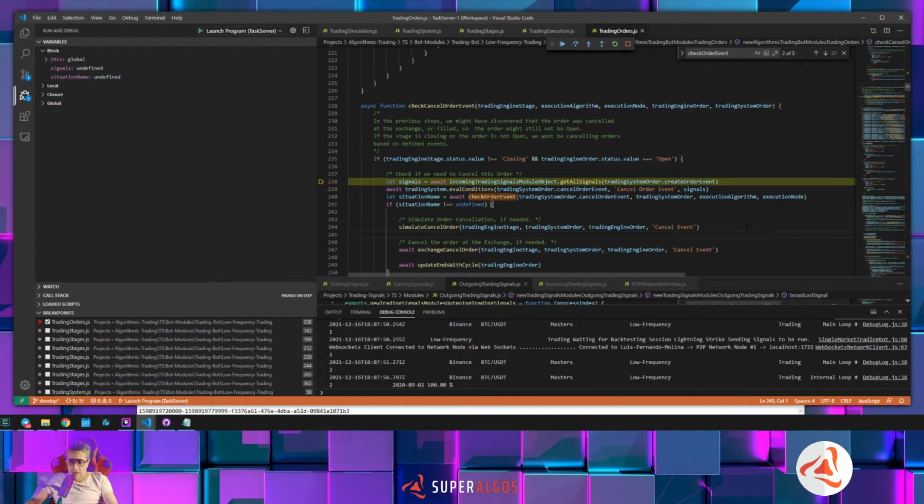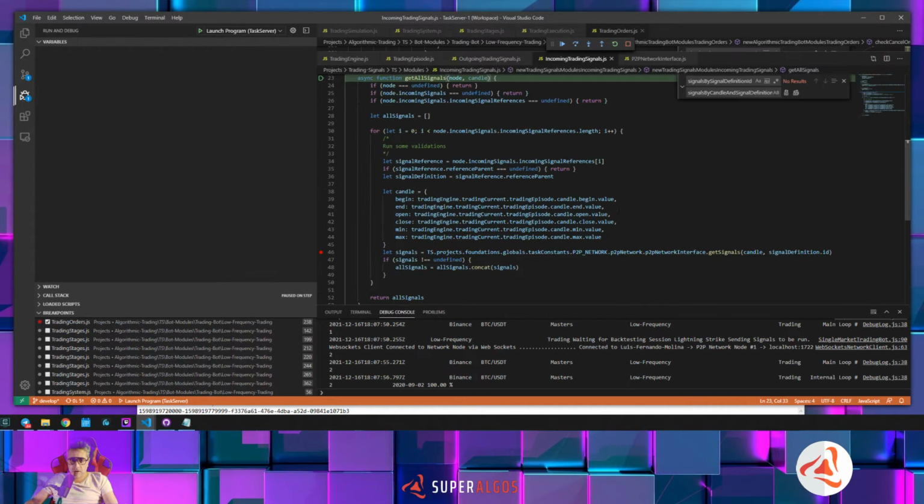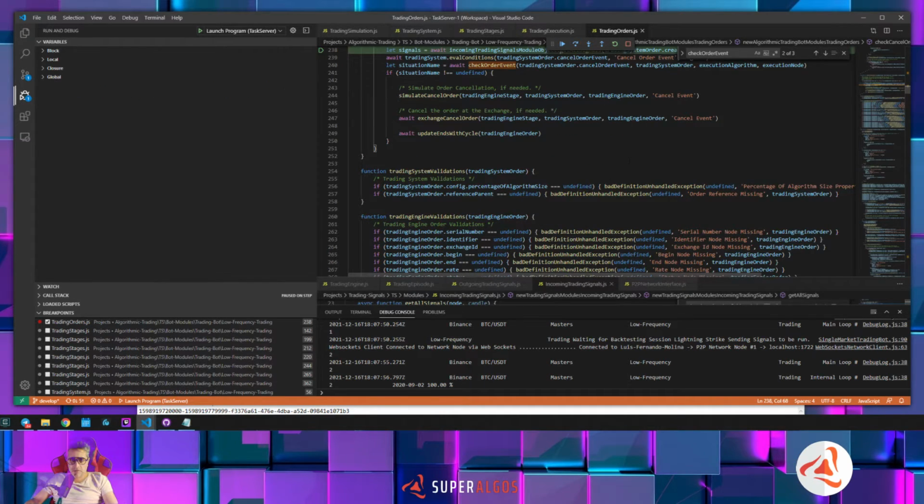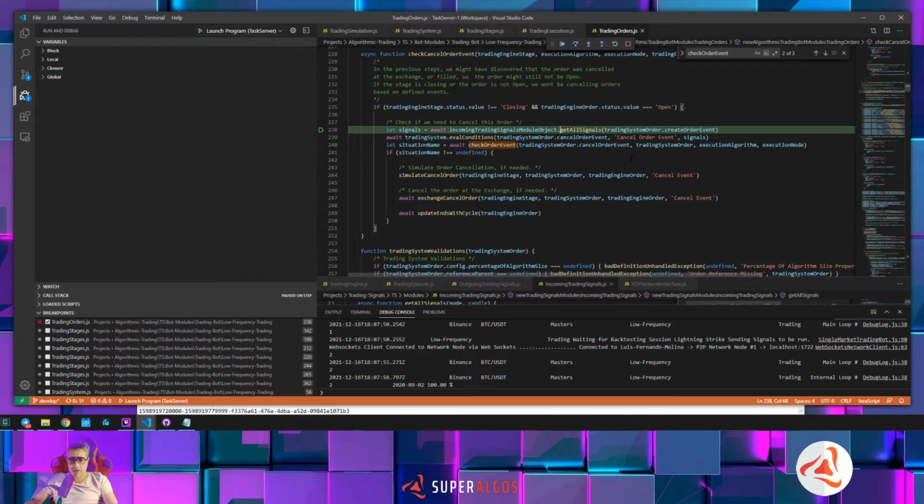So why this get undefined? Is this undefined? No. Okay, because it doesn't have incoming signal, which is fine. Okay, okay, this was good. It can be undefined.